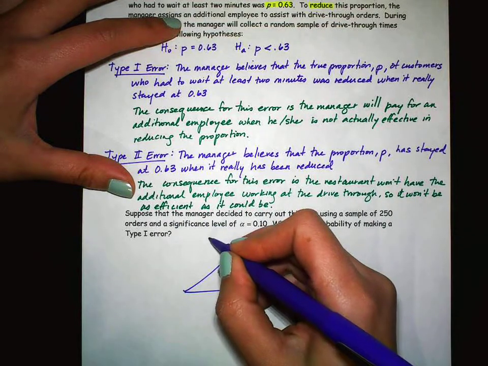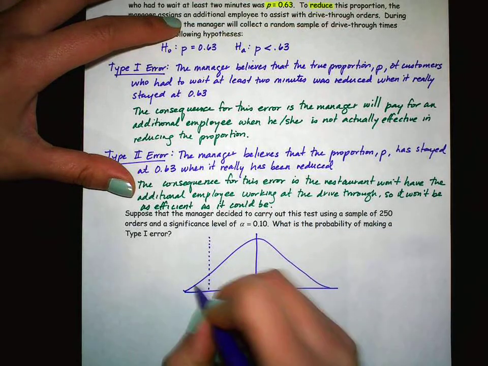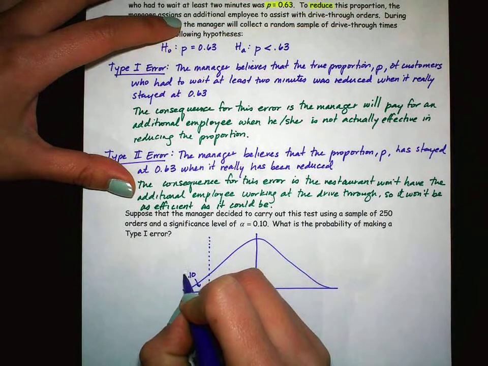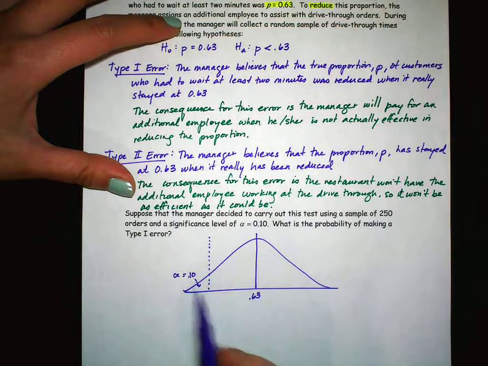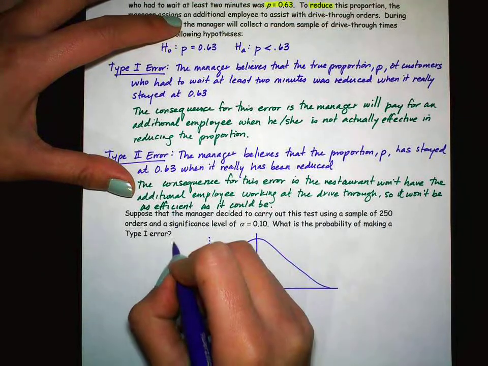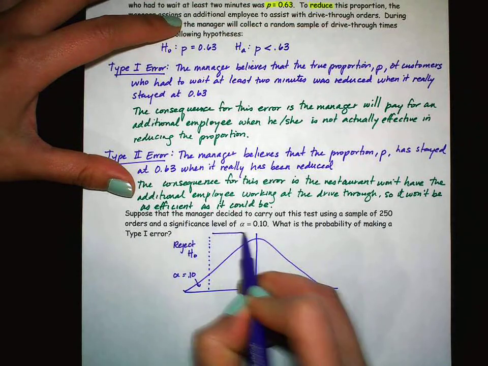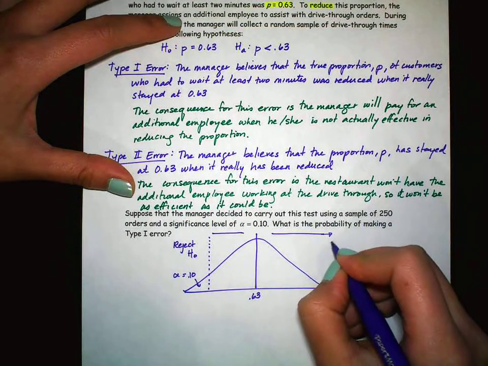So that 0.1 significance level is actually really important because here is where that 0.1 is. So we would reject the null hypothesis if we had a sample that went beyond this dotted line. Anything from here over to the other end, we would fail to reject the null hypothesis.